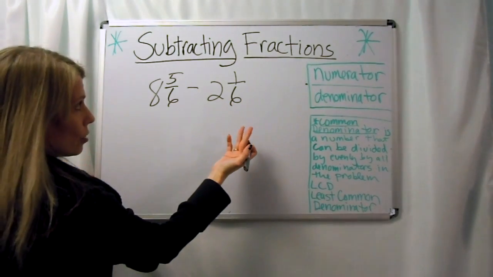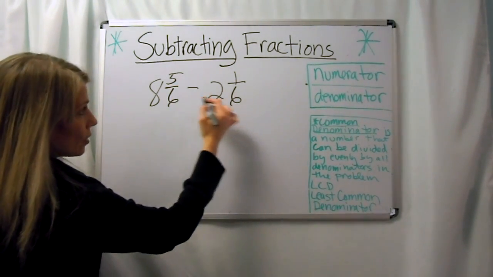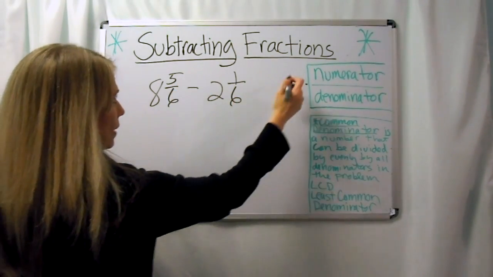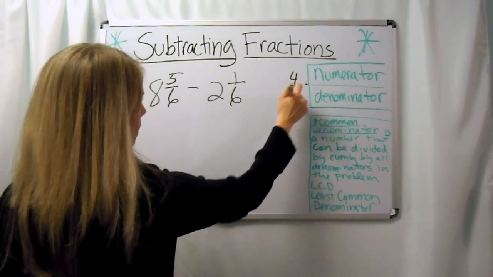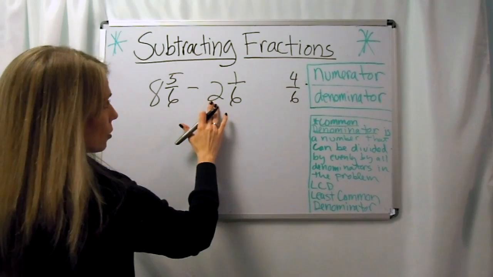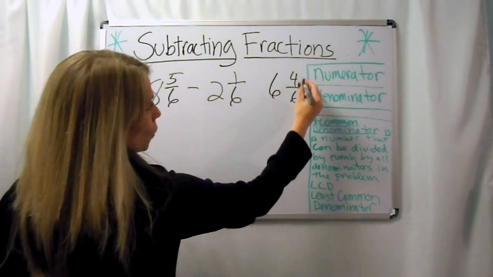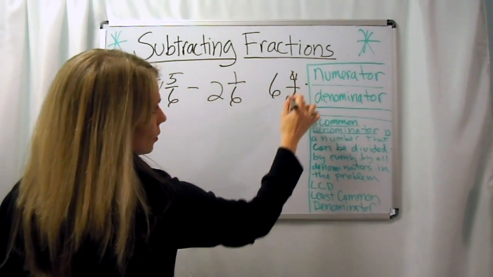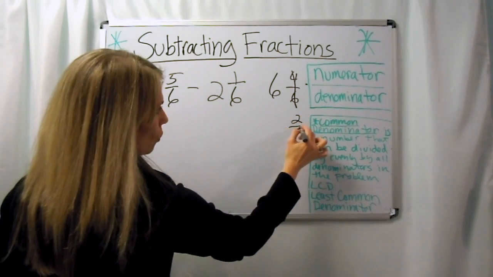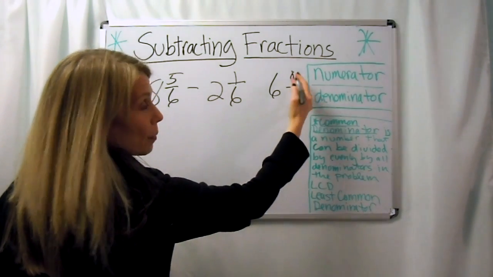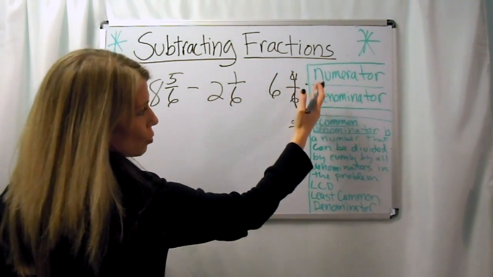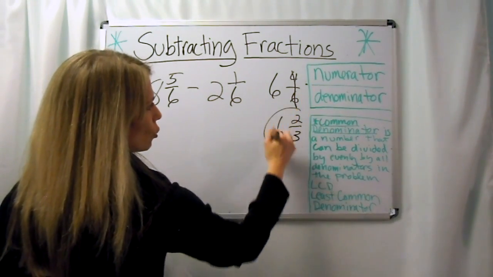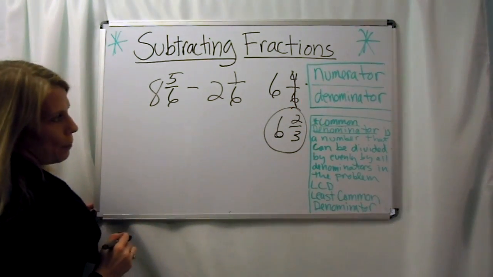Our denominators are the same, so we can just go ahead and subtract our numerators. So 5 minus 1 gives us 4/6, and subtracting our whole numbers gives us 6. We can reduce this to 2/3, because 4 divided by 2 is 2 and 6 divided by 2 is 3, and so 6 and 2/3 is our final answer for that one.